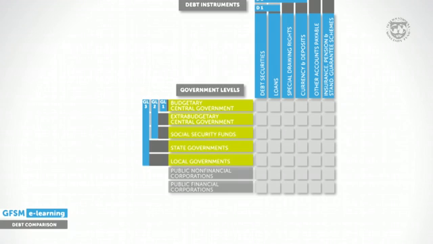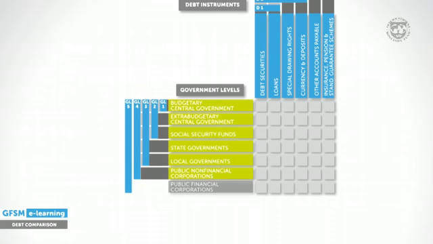An analyst may get a more complete picture by extending to GL4, the non-financial public sector that includes non-financial corporations. The highest aggregation level is GL5, the total public sector, and includes the public financial corporations. However, presently only a few countries publish this information.